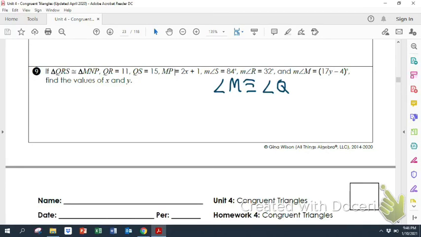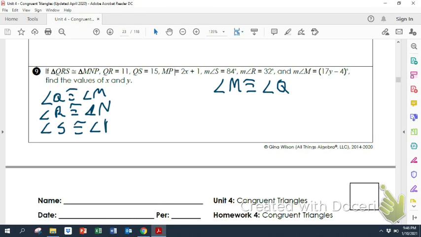Okay, we know that angle Q is congruent to angle M, and we know that angle R is congruent to angle N, and we know that angle S is congruent to angle P. So angle M is equal to 17y minus 4.